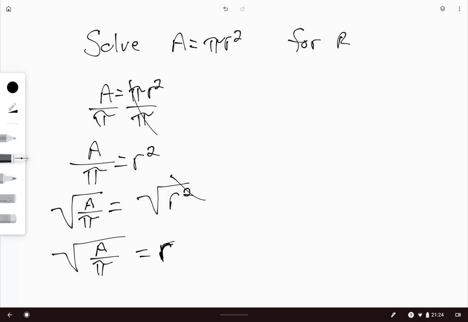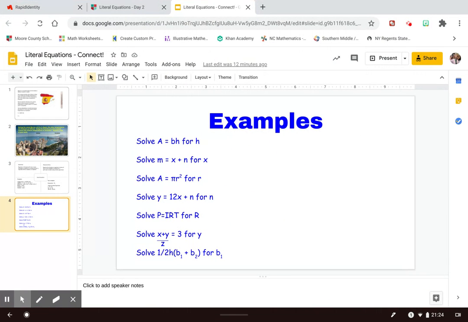All right, so let's look at the next one. This one says y equals 12x plus n, and we're solving for n in this one.